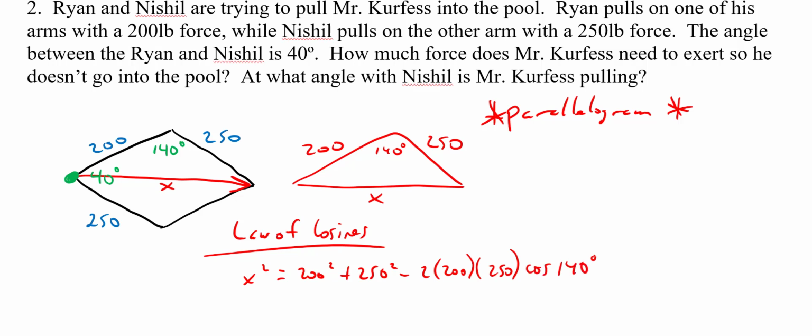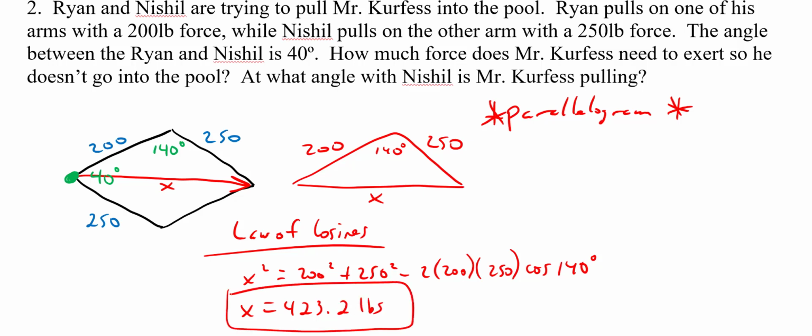Again, please do not make a mistake and use sine. It's law of cosines, not law of sines. You guys can add all that up, put it together, and x comes out to be 423.2 pounds.